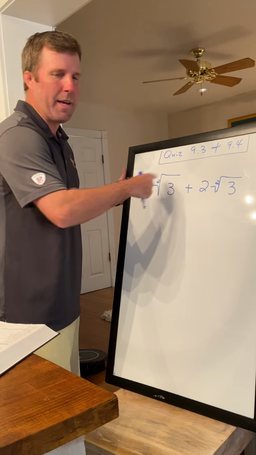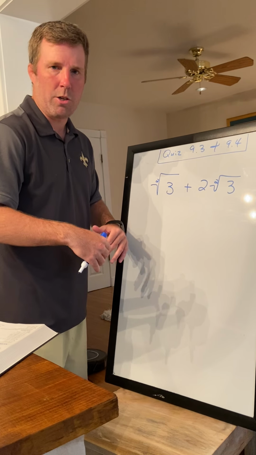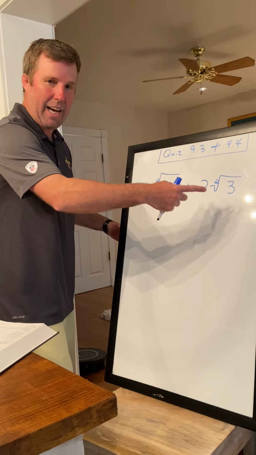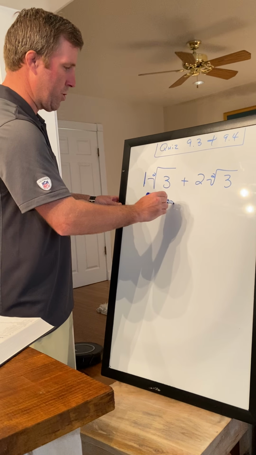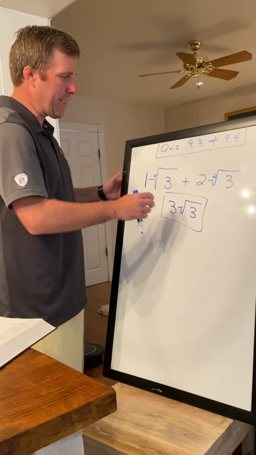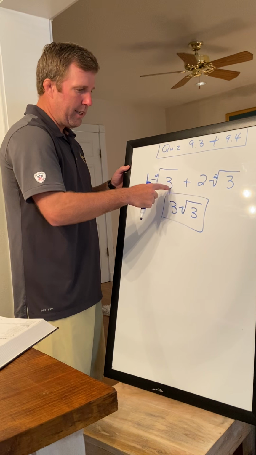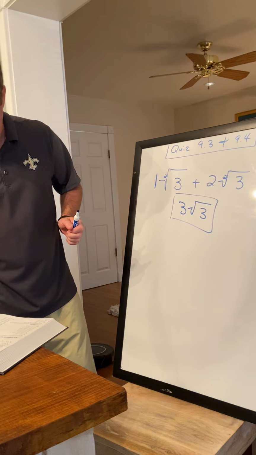So it has the same index of 2, and it has the same number underneath the radical, which is the radicand. So in this case, I can add these. 1 plus 2 is 3 times the square root of 3. So the fact that they had the same index and same radicand allowed me to add that, okay?